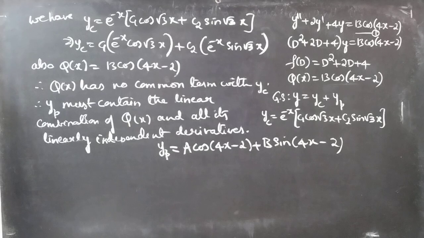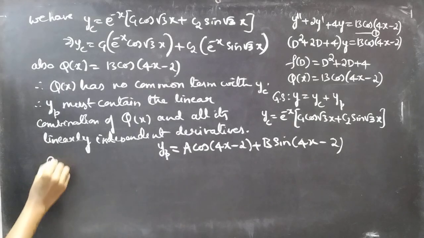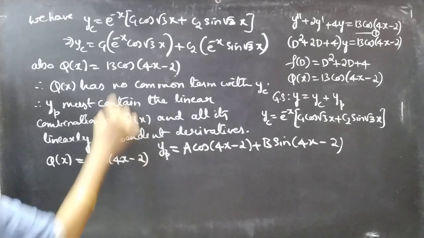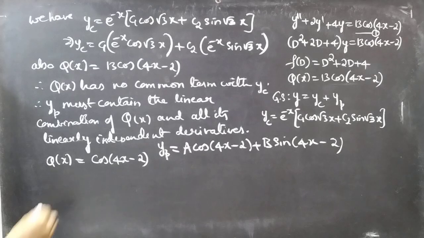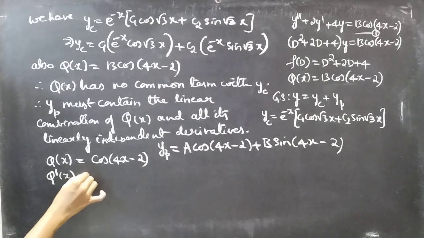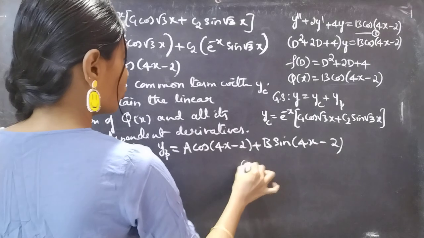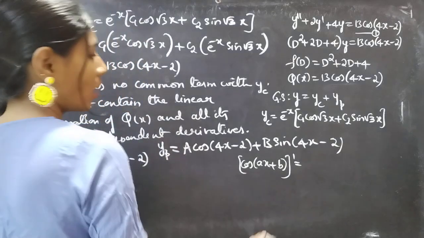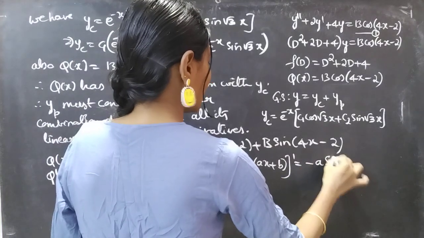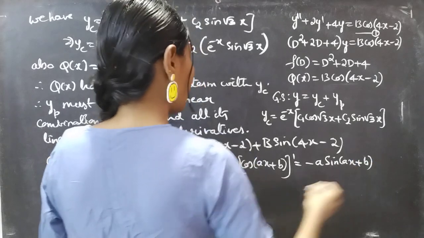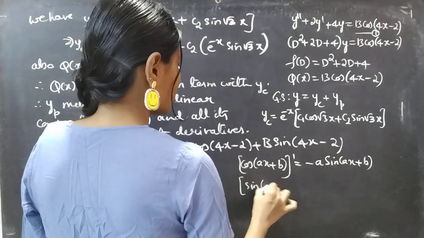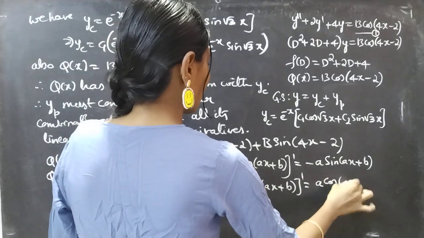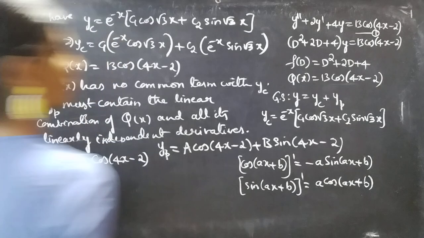Now let's see the trial method with the help of q of x and all its derivatives. We have q of x equal to cos 4x minus 2, just neglect the coefficient 13, okay? Find q dash of x, so we know that the derivative of cos ax plus b is minus a sine ax plus b, and the derivative of sine ax plus b is a cos of ax plus b, right?